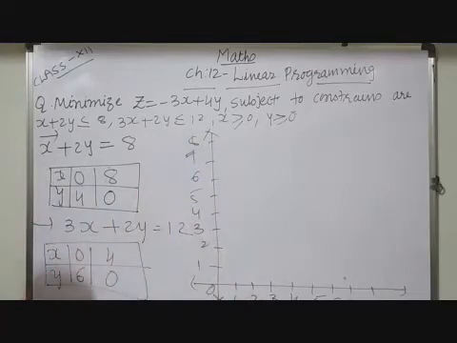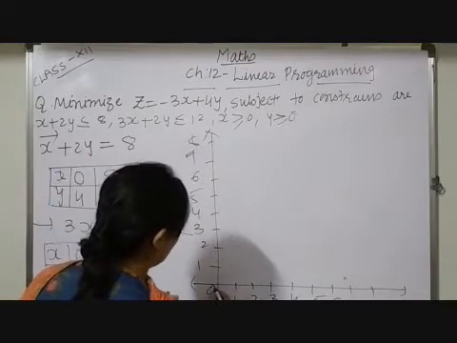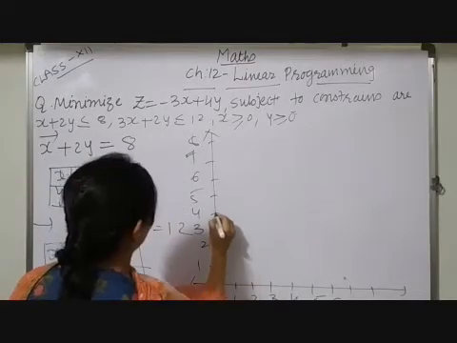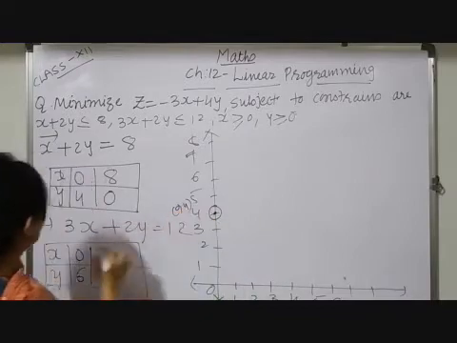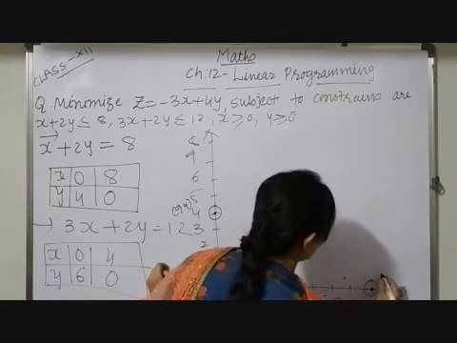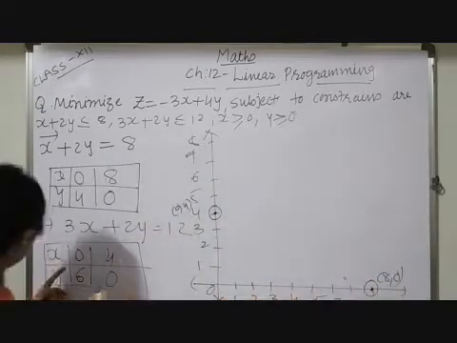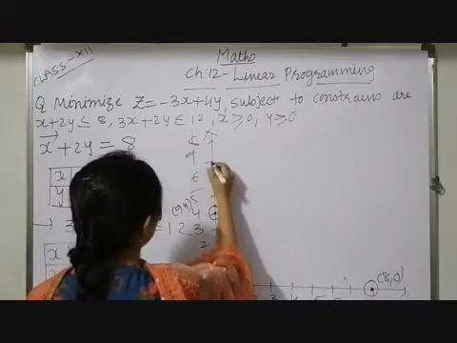It's very simple to plot on graph paper. For x = 0, y = 4, so this is (0, 4). Now (8, 0), so this is (8, 0). Next is (0, 6), so (0, 6) is here.